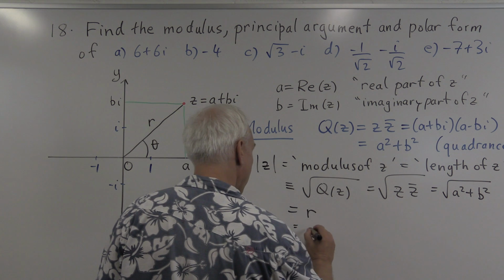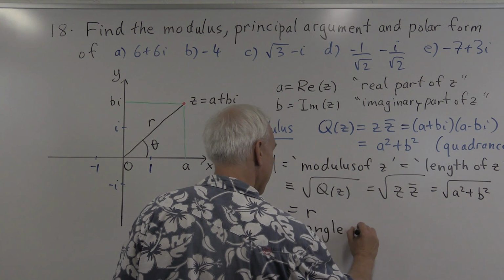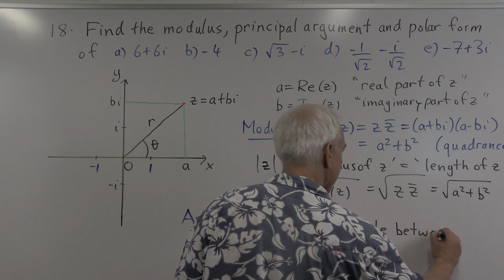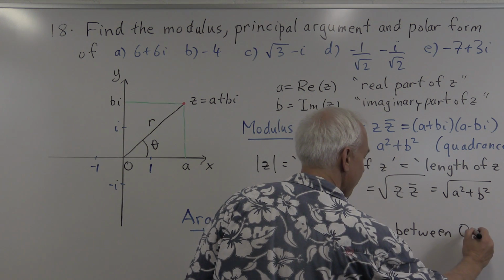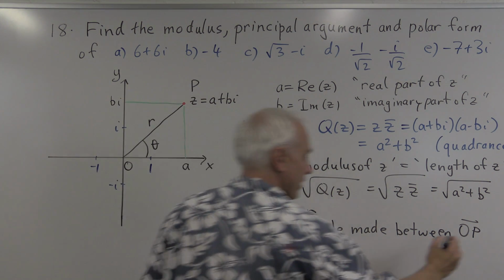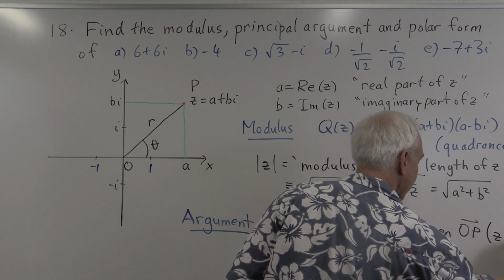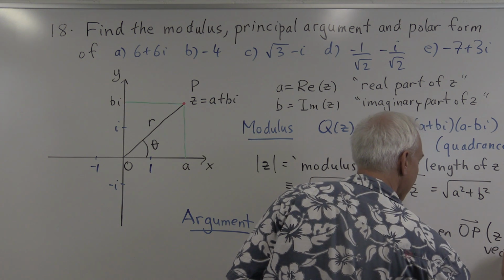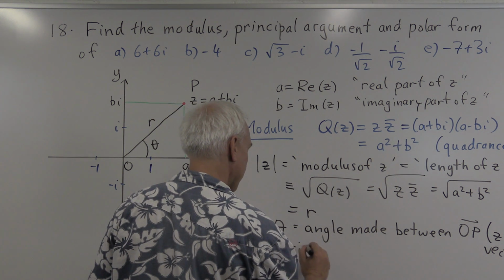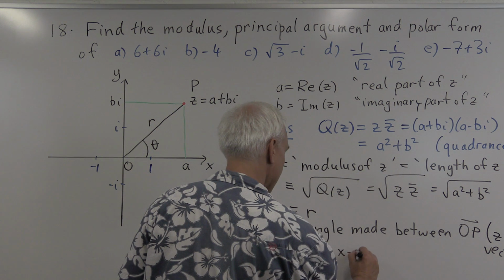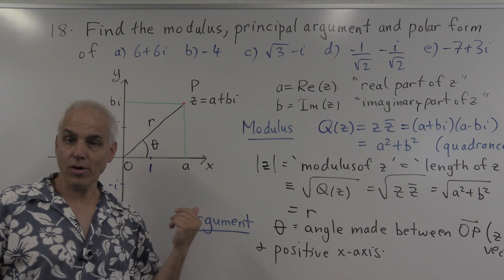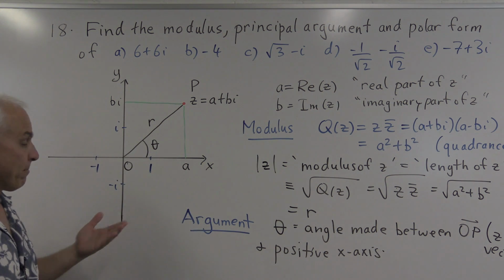Okay, this is the angle made between the vector OP, if this is the point P, z as a vector, and the positive x-axis. And of course, because it's an angle, it is in principle multi-valued.